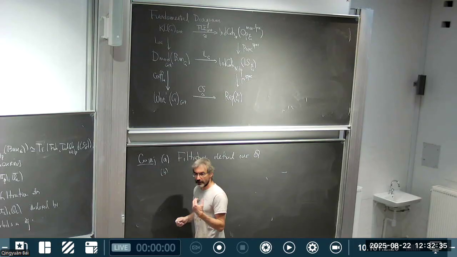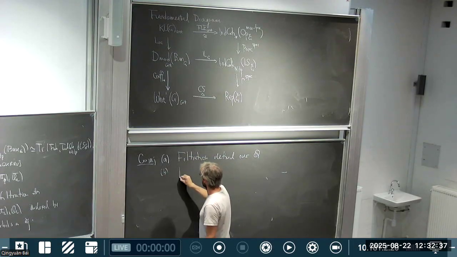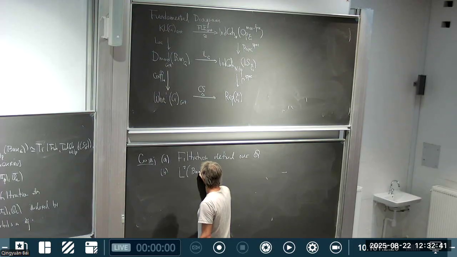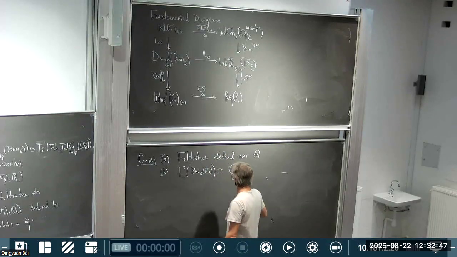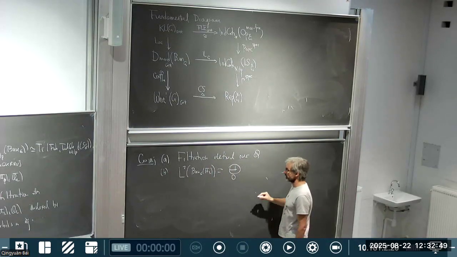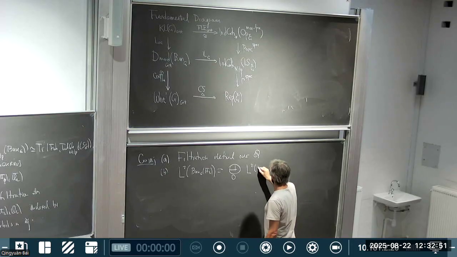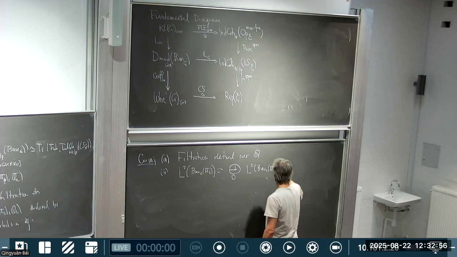So now Arthur predicts that L2 of Bun_G over Q splits also as a direct sum indexed by nilpotent orbits, and the decomposition is determined by the Hecke eigenvalues.